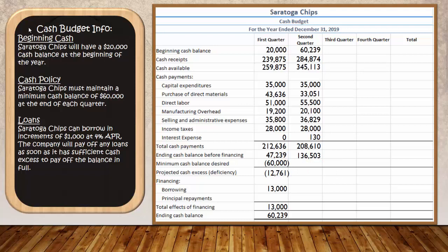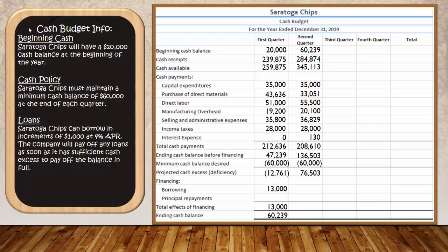We have $136,503 in ending cash before we have any effects from financing, which is well above our minimum cash balance of $60,000. In fact, it is $76,503 greater than the minimum amount we want to have. This is our cash excess.